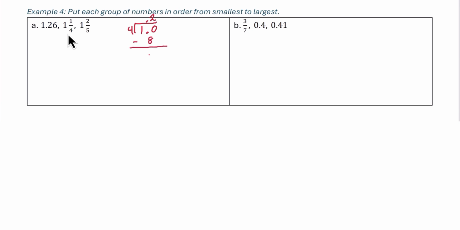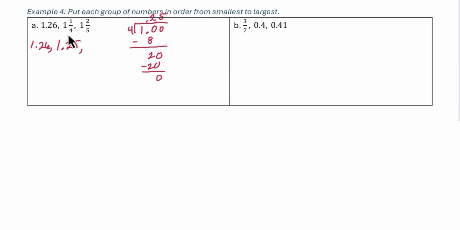Subtract and we get a 2. Drop down the 0. 4 goes into 20 5 times. 5 times 4 is 20. Subtract and we get a 0. So 1 and 1/4 is 1 and 25 hundredths.